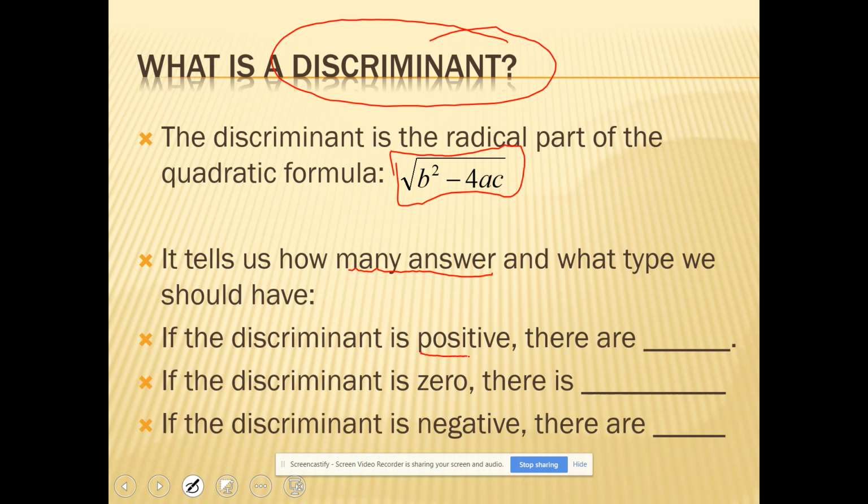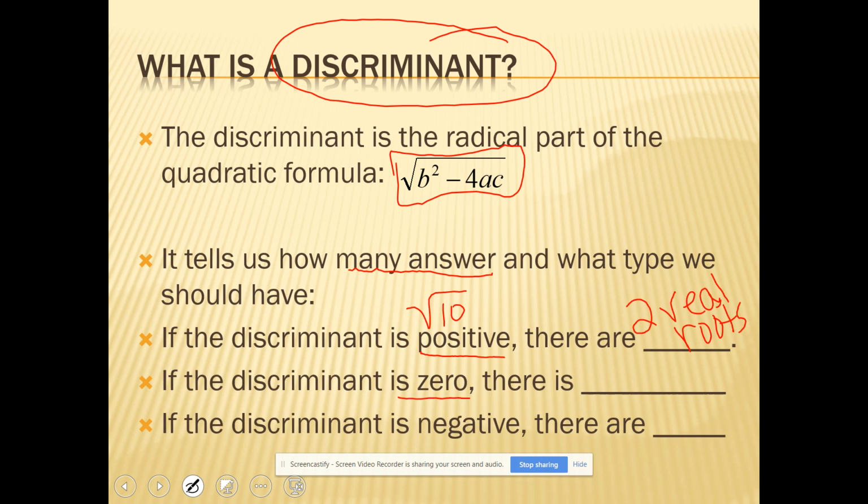So if your discriminant is positive, let's say you had radical 10. That's a positive 10. That means there are 2 real roots, solutions, zeros, x-intercepts.